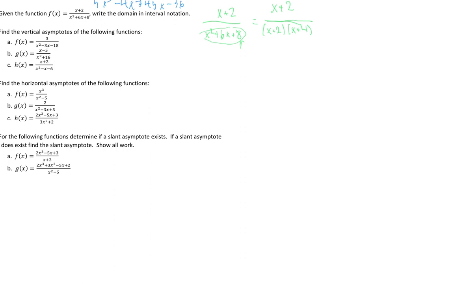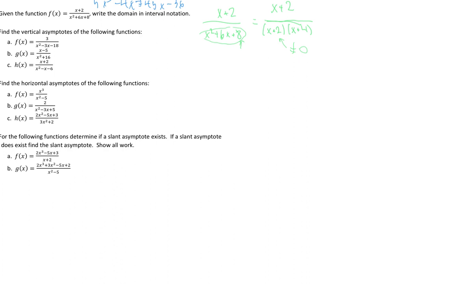Now it's really tempting here to say x plus 2, to want to cancel these. But the thing is, when we're looking at our domain, we don't want to just cancel those right off the bat. We want to make sure that, for domain restrictions, we can only cancel them whenever that is not equal to 0.